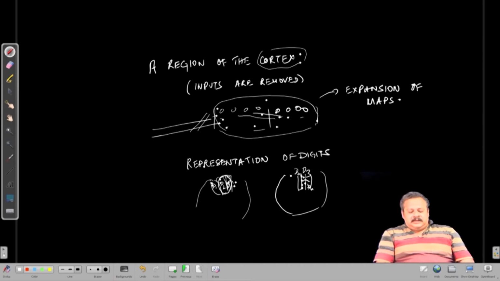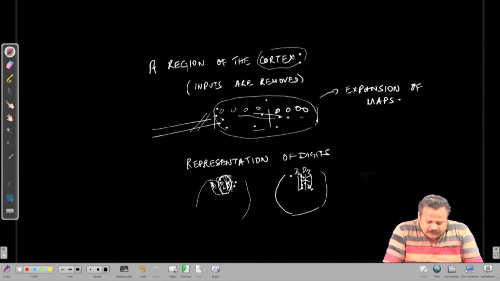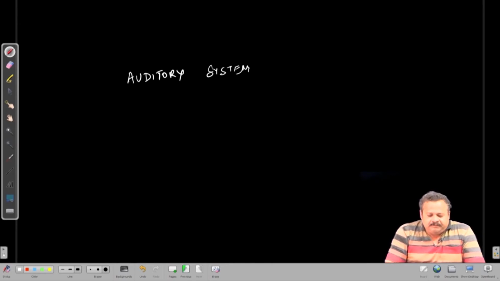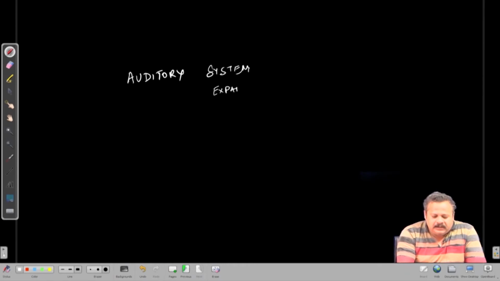Similar work has been done in the auditory system, where it is basically an expansion of a particular frequency, and this happens in a particular period of development called the critical period.